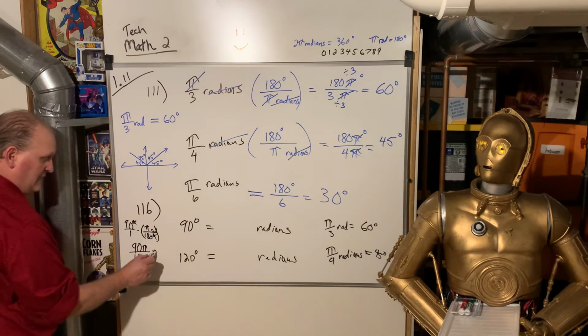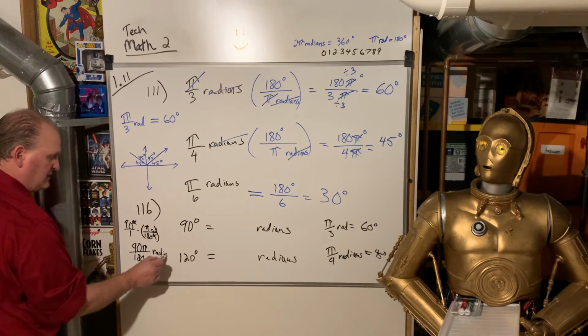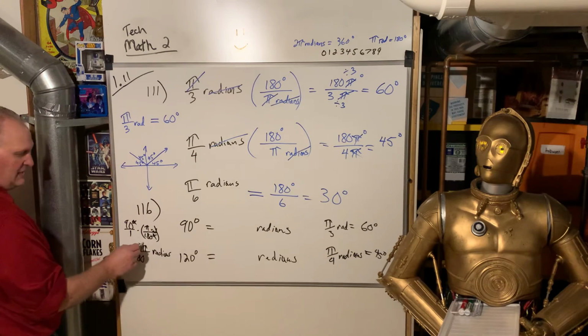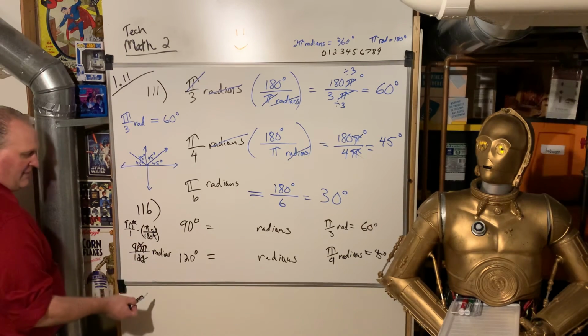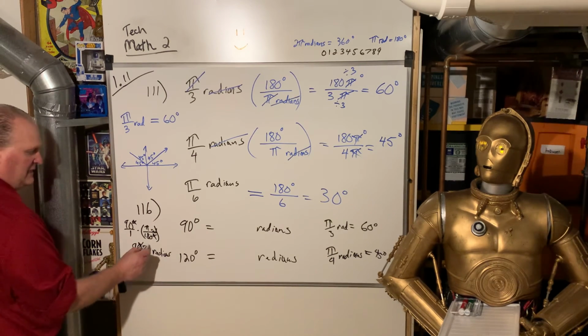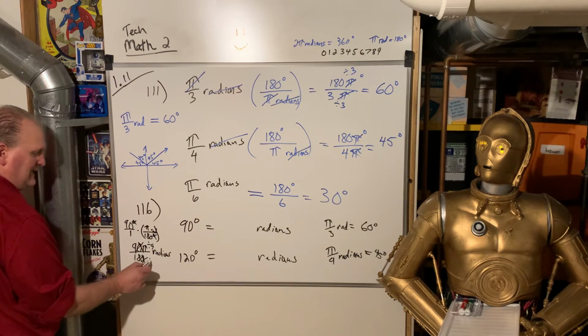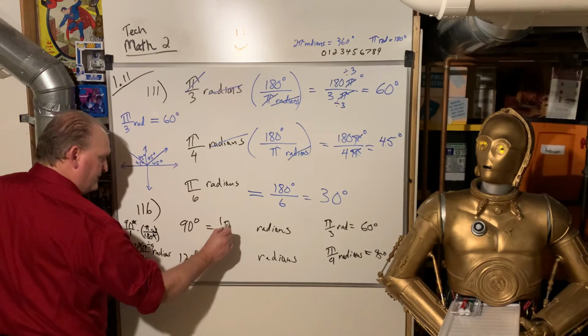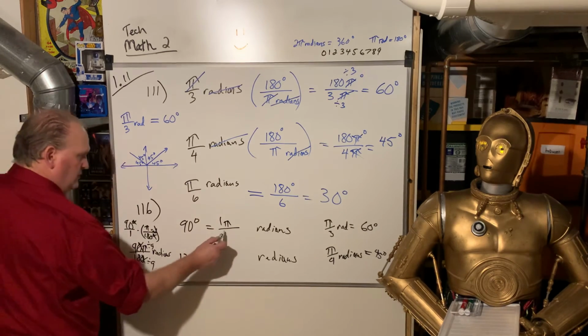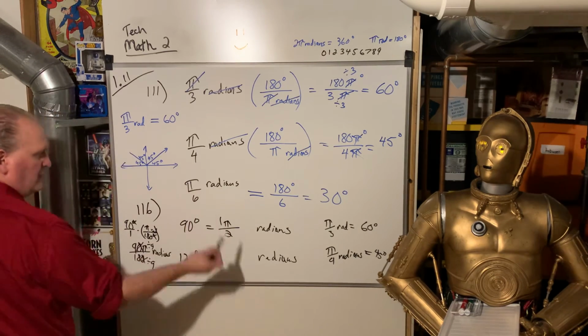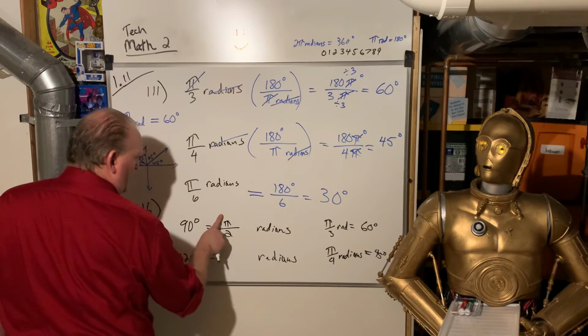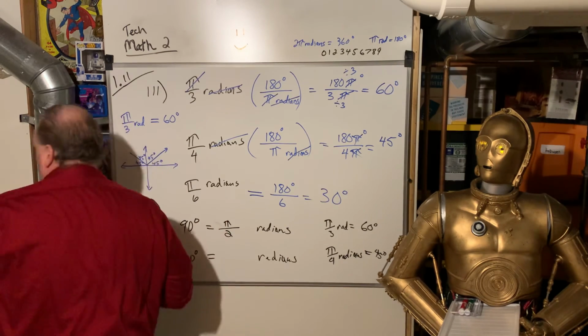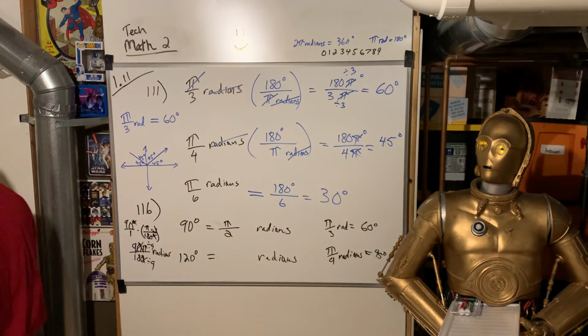And that's in radians now. And now I have to reduce it. So think about how you reduce. The zeros can cancel, divide by 10 top and bottom. So you have 9 pi over 18, and then divide top and bottom by 9. So I end up with 1 pi over 2. So pi over 2 radians. You can put the 1 there if you want or not. So pi over 2 radians.